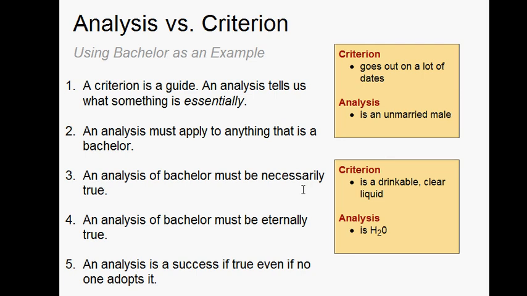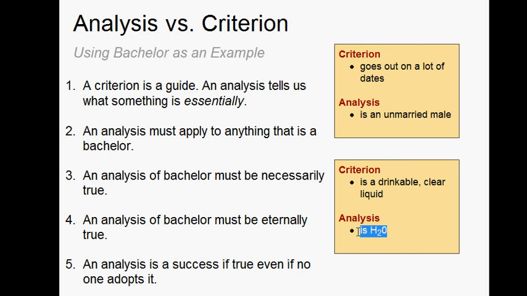Okay, so the reason I'm going on and on about this is it's sometimes tempting for some people to reject an analysis if it fails to be a good criterion. But the point is, analyses don't always have to be good criteria. It could be that you've identified the essential nature of something, but that puts you in no position to use that analysis to identify examples of it in the wild. And this H2O example is a good one to think about, right?